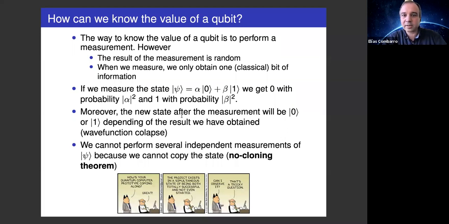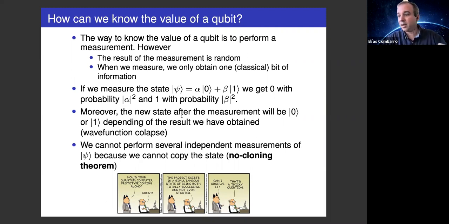So although theoretically you can have infinitely many values for these qubits, when you measure them, you always obtain either 0 or 1. You don't obtain an infinite spectrum of values. You obtain just 0 or 1.